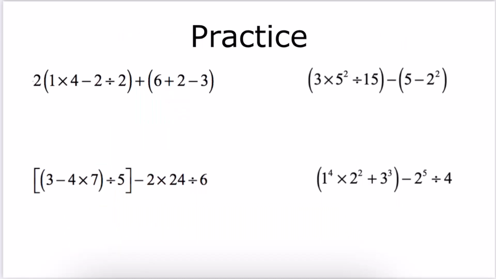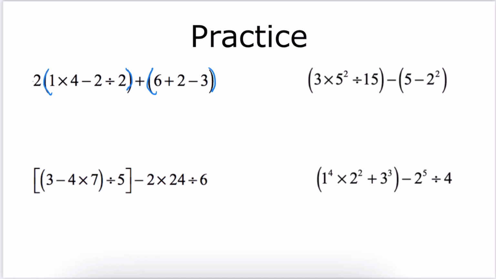So for example, on this first question, if I wanted to calculate this using the order of operations, the first thing I notice is that I have parentheses. And so the order of operations tells me that anytime I have parentheses, that's a clue that I need to work out of order.